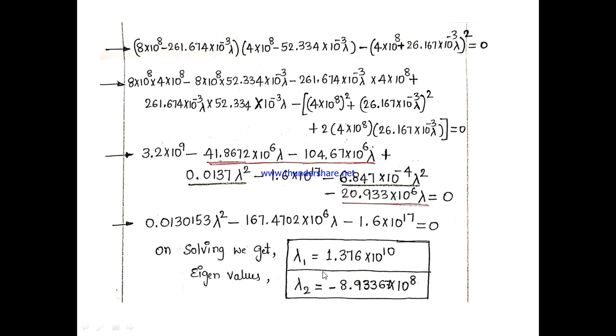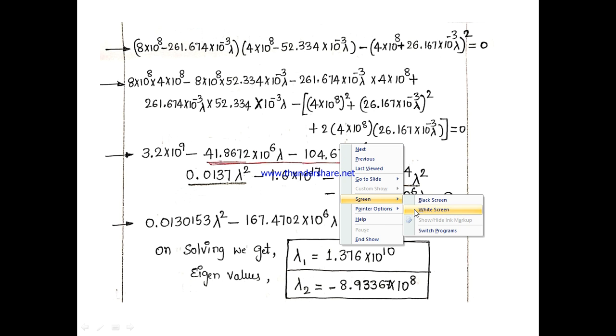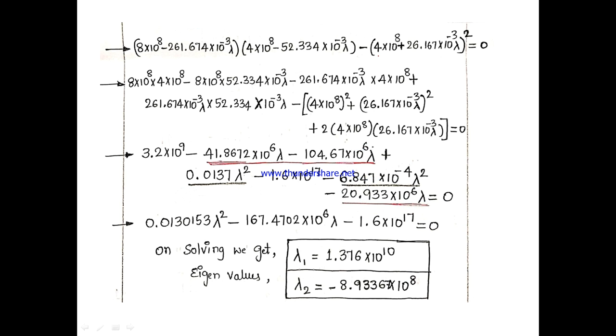So in the next slide, can you see here? Both are square here. So here 8 into 10 raised to 8 minus 26.67 into 10 raised to minus 3 into 4 into 10 raised to 8 minus 52.33 into 10 raised to minus 3.